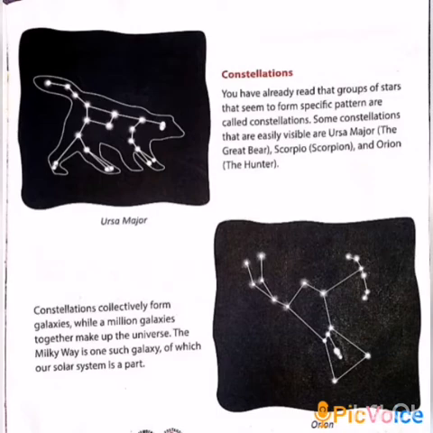Stars are glowing balls of gases that spread out heat and light in space. That is, the stars have their own heat and light.